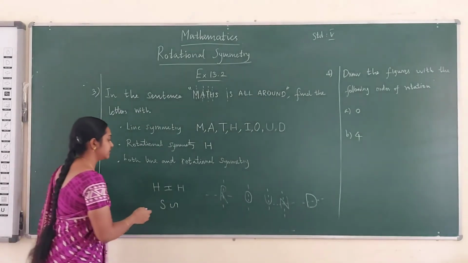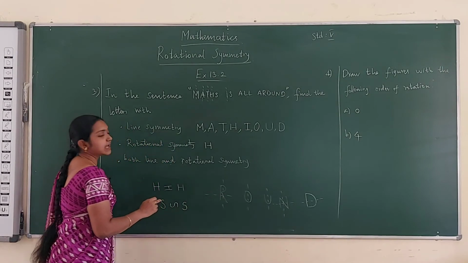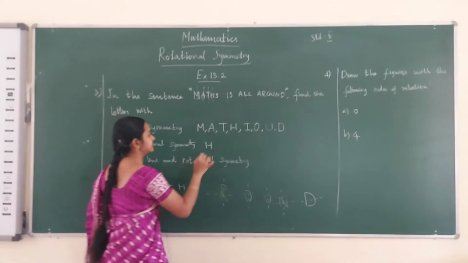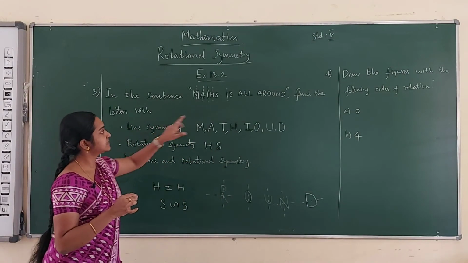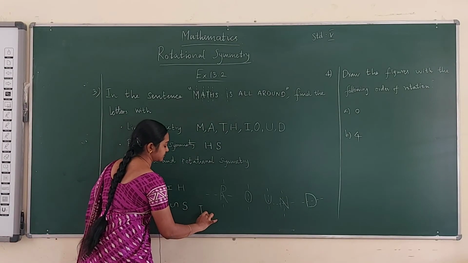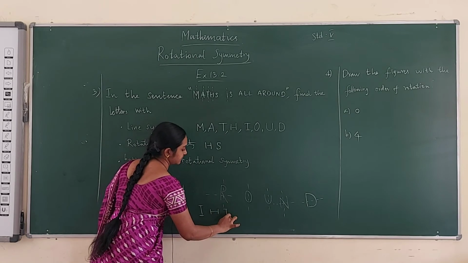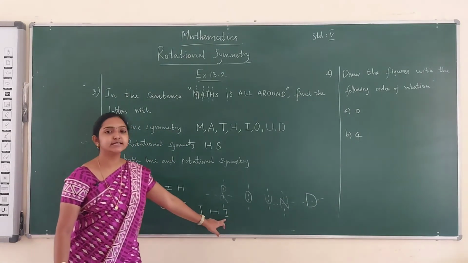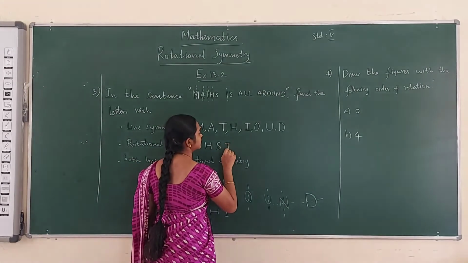Again if we rotate, it will look the same as the original. So S is having rotational symmetry. Next I. If we rotate I for 180 degree, it looks the same. So I is having rotational symmetry.